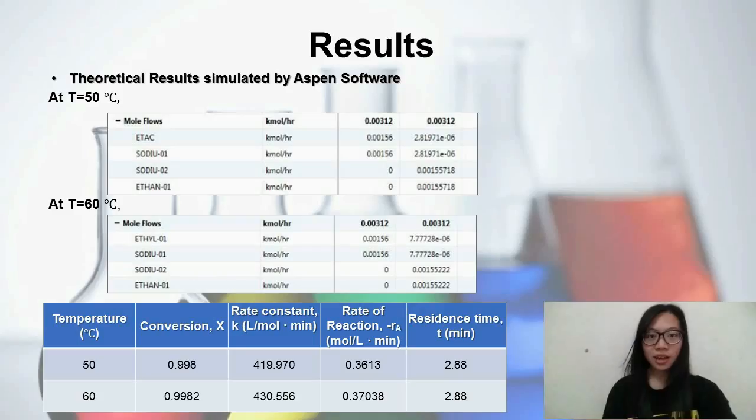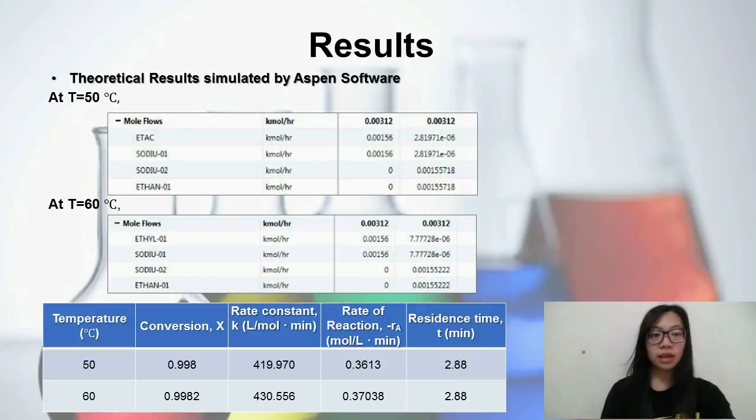I'm Kai Wai. Now I'm going to present the results. The table below shows the theoretical result, which is simulated by using ASPEN software at reactor temperatures of 50 and 60 degrees Celsius, where the inlet and outlet mole flow of reactants and products are shown.